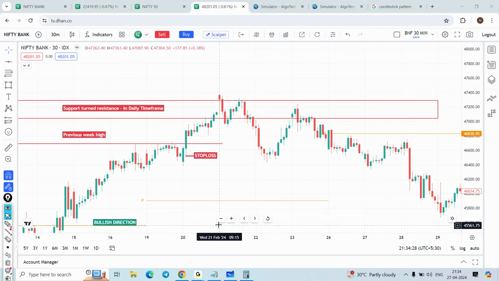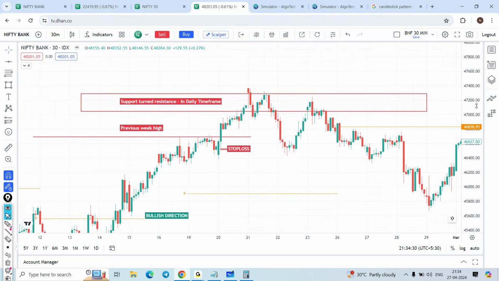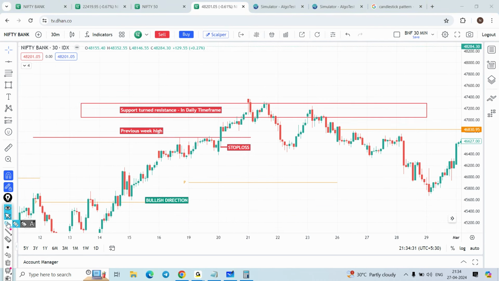Now what is the point where profit can be booked? Very simple. Price is rejecting from here. So I've taken a bearish position. What is my exit point? There should be an exit point, my target point. Price is trying to reject from a supply zone of daily time frame rejection.